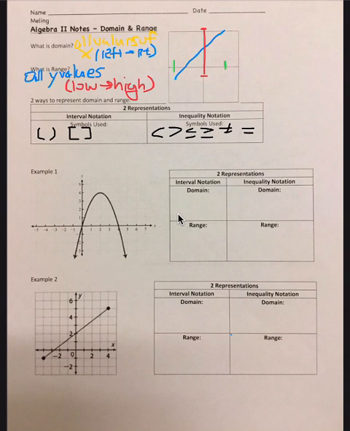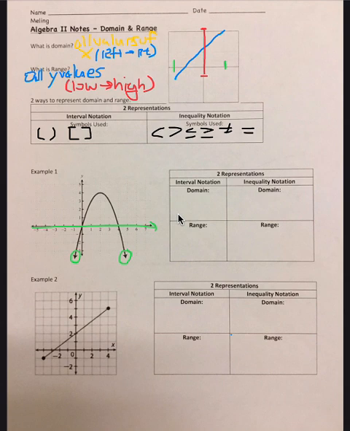So if we look at our first example, number 1 here, and you can see with the domain, we go from left to right. So remember, we're going left to right. And as you look at the graph, because it has those two arrows, that means it's moving left to infinity and right to infinity.